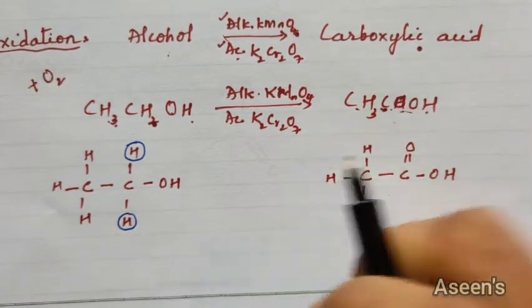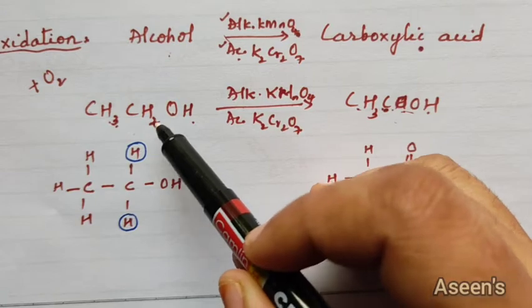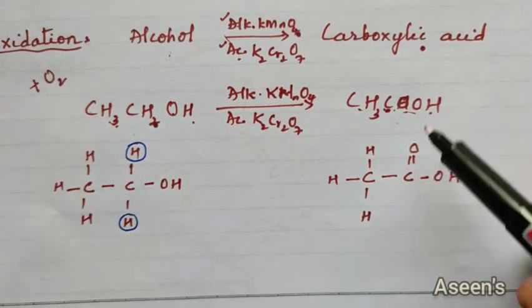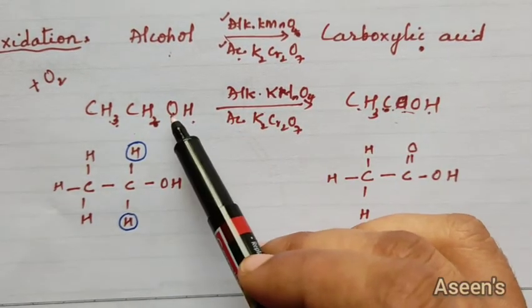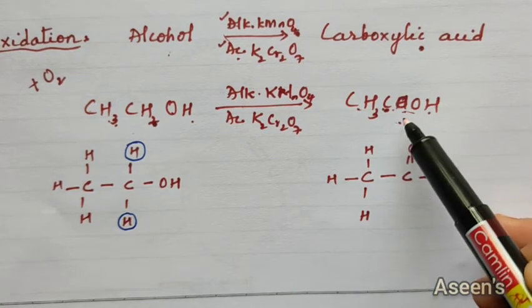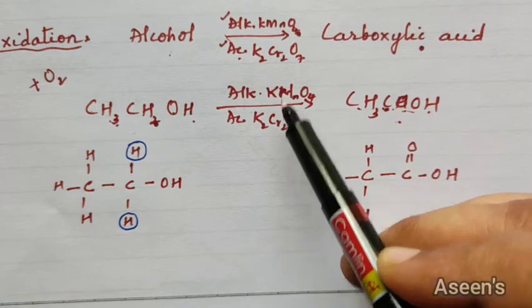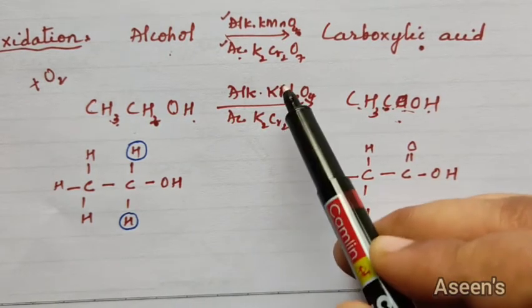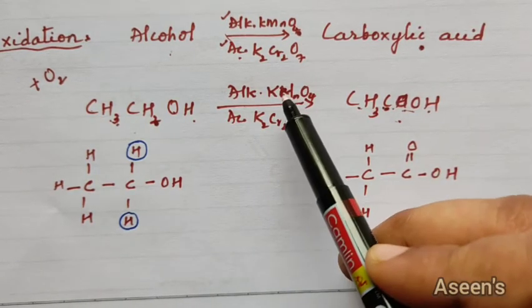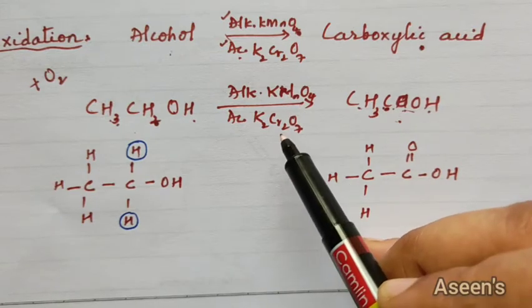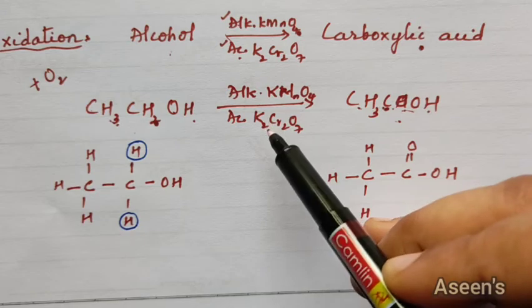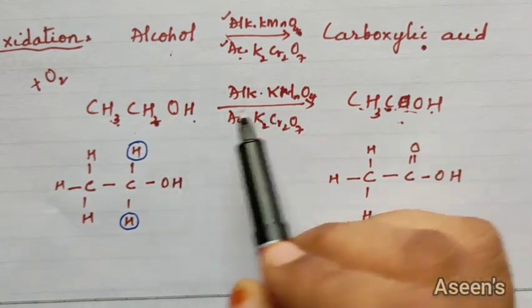Now the point comes: from our reactant to our product, we have got 1 oxygen extra. From where does this oxygen come? It comes from either this or this. Whichever you have selected, this one is capable of giving oxygen, and this one is also capable of giving oxygen. It depends upon you which one you select.